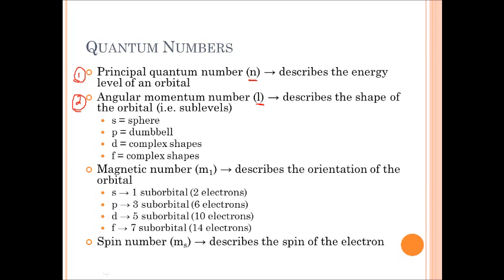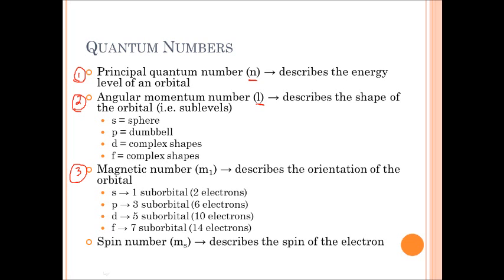The angular momentum number describes the shape of the orbital. And we have 4 shapes. We have S, which is a sphere, P, which is almost like a dumbbell, and then D and F, which have more complex shapes. The third number is the magnetic number, which describes the orientation of the orbital.